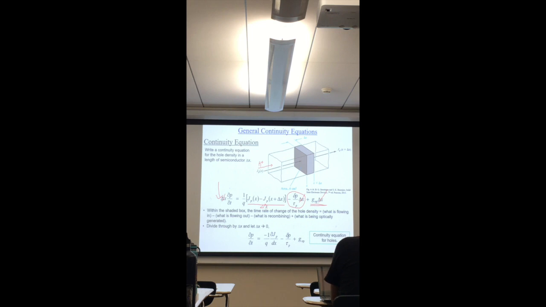Now, if delta x is very small, then this term is basically partial J over partial x, and this will be a minus sign. So this is the continuity equation for holes.